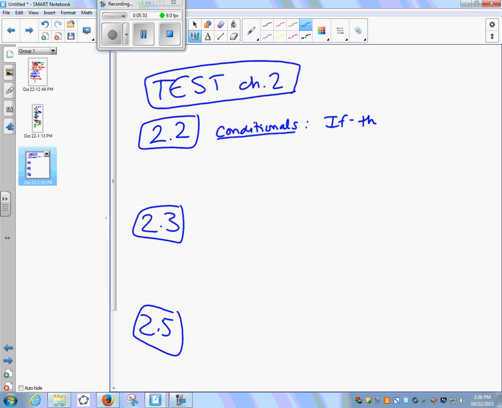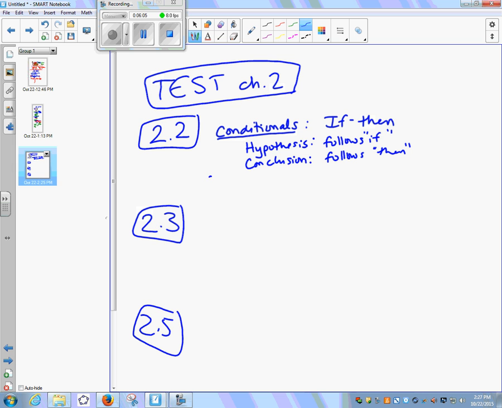If-then statements. So a conditional is just a statement, if something, then something else, right? If then. As part of learning about conditionals, we learned about the hypothesis and the conclusion. And the hypothesis was the part that follows the if. And the conclusion follows the then.